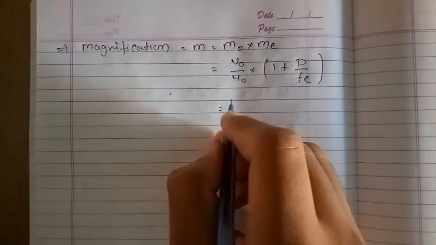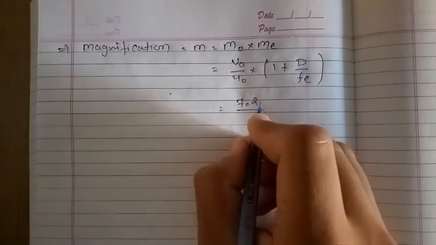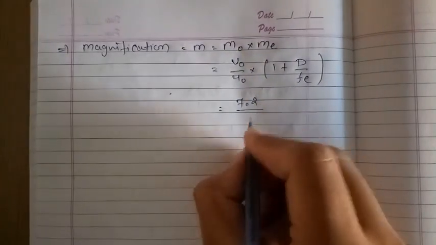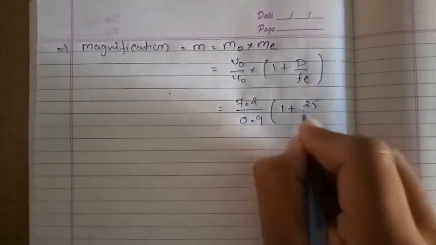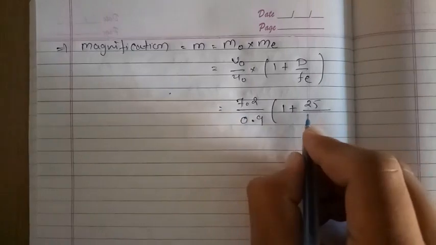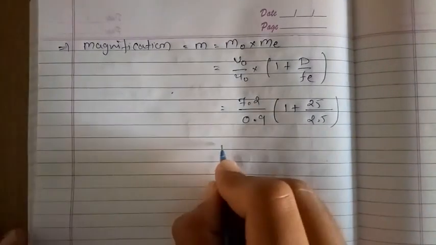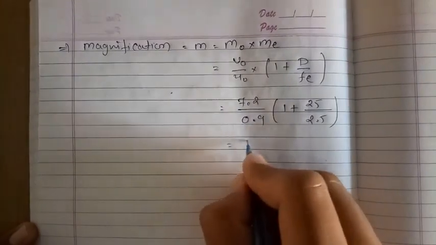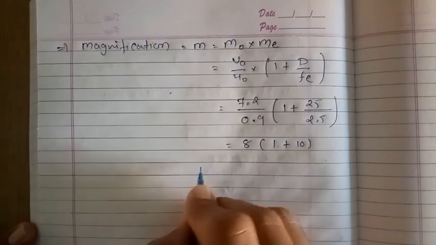We know the value of VO. Value of VO is 7.2, right? Value of UO 0.9 into 1 plus, we know the value of D 25. Value of FE 2.5. So here we get 8 into 1 plus 10, so 11 into 8, 88.